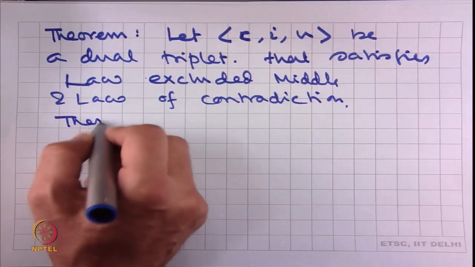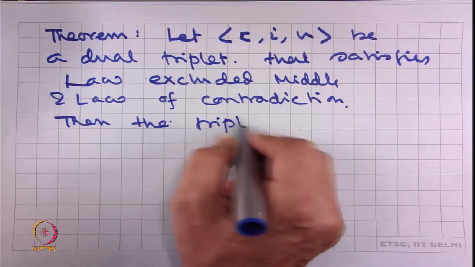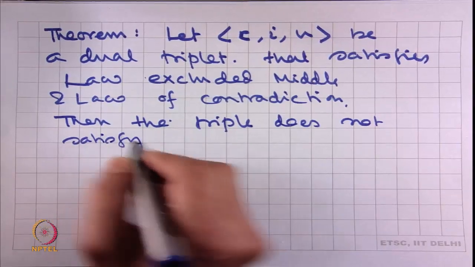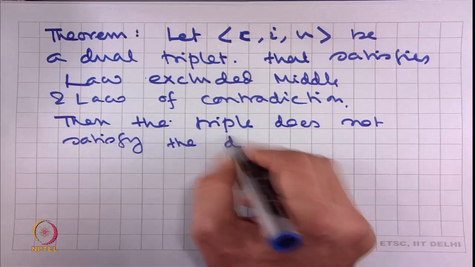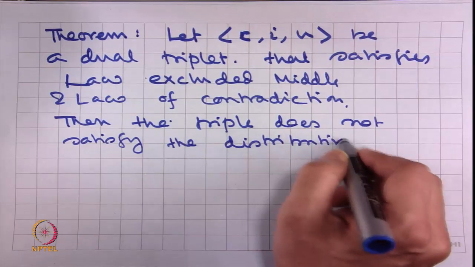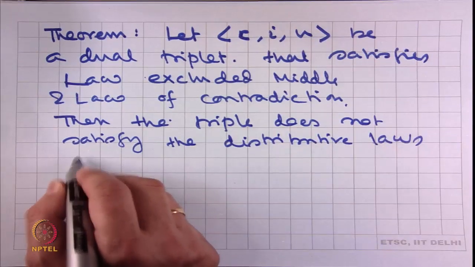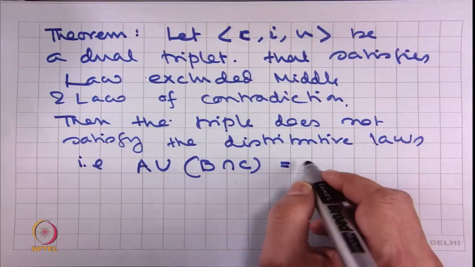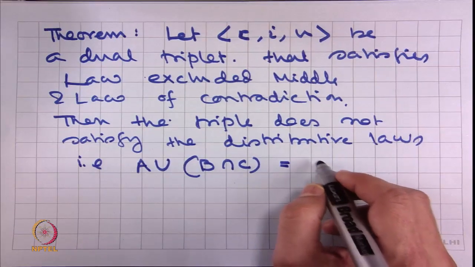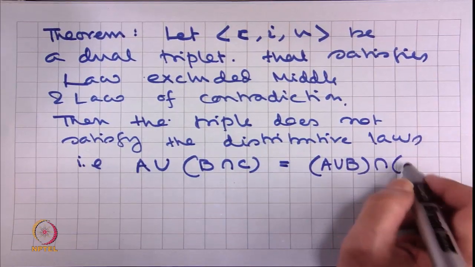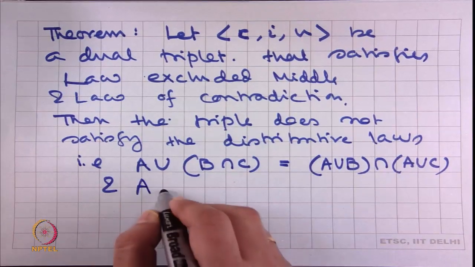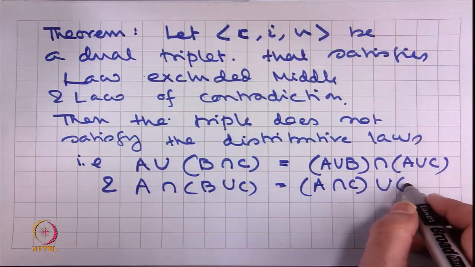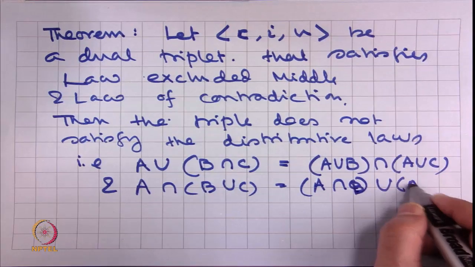Then the triple does not satisfy the distributive laws, that is, A union B intersection C is equal to A union B intersection with A union C, and A intersection B union C is equal to A intersection C union B union A intersection C.